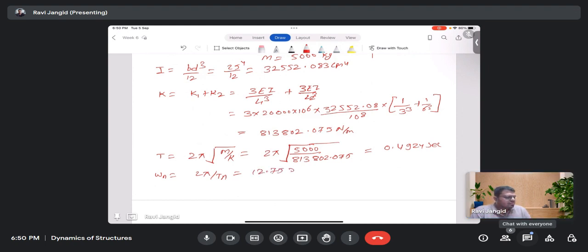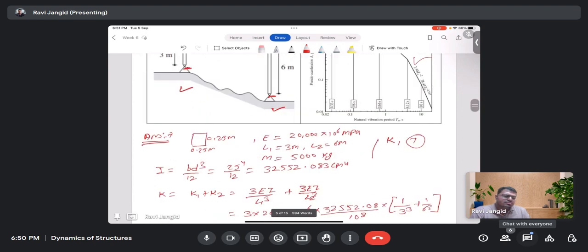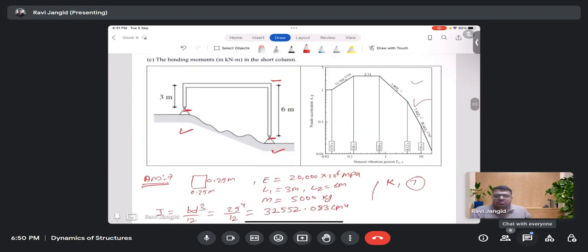Hello. Yes. Suppose if column weight is given, then how can we find the natural period Tn?